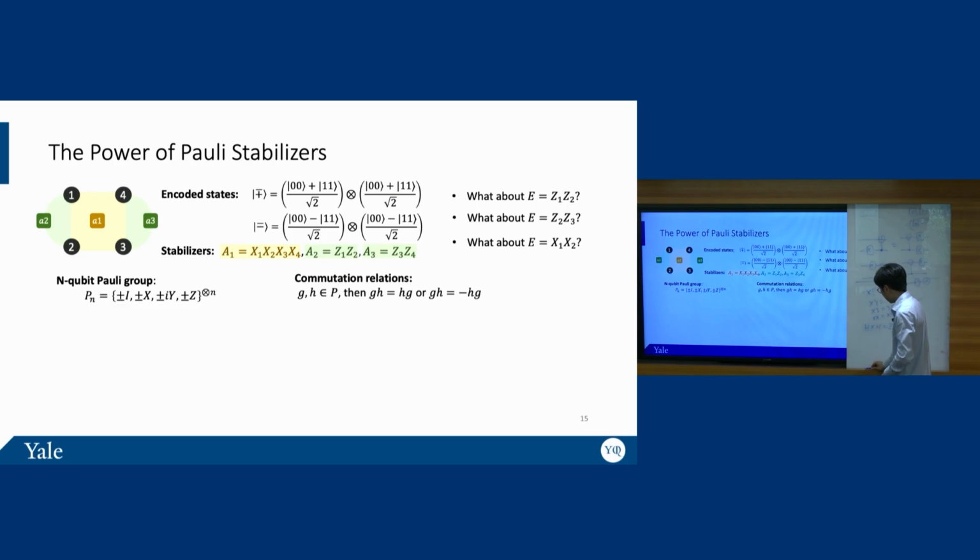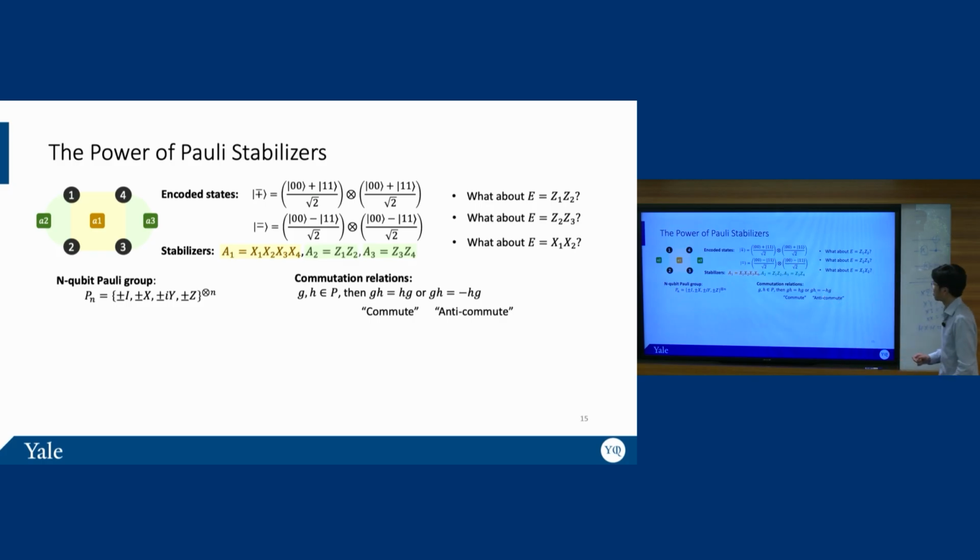So the nice property of a Pauli operation is that they either commute or anti-commute, and exchanging the order either does nothing or adds a negative sign. Okay, so you can check for all different combinations of Pauli operations this way.